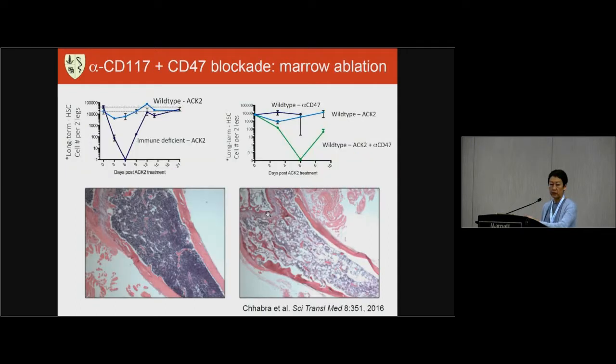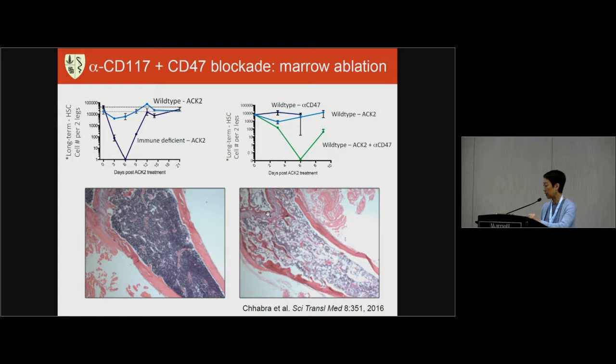And in fact, we did. So this is the slide I showed you looking at the depletion of stem cells in the immune deficient animals, the depletion of stem cells in the wild type, but then when we add 47, so now we're using the anti-CKIT or the anti-CD117 antibody in combination with 47.